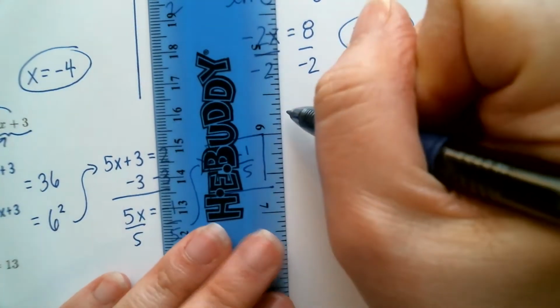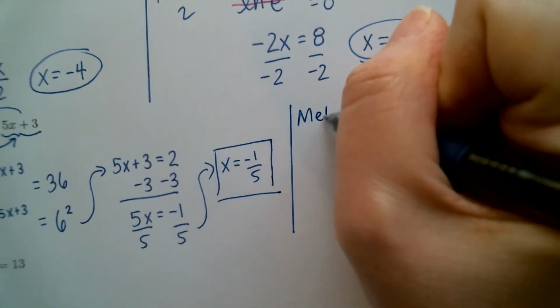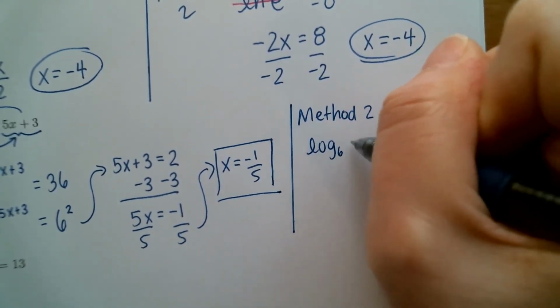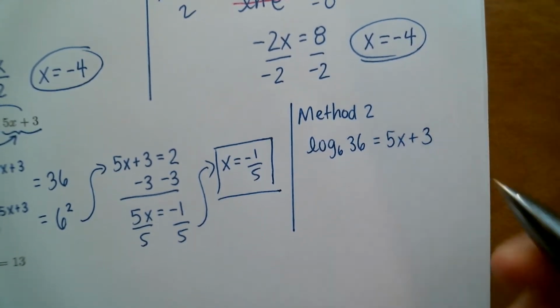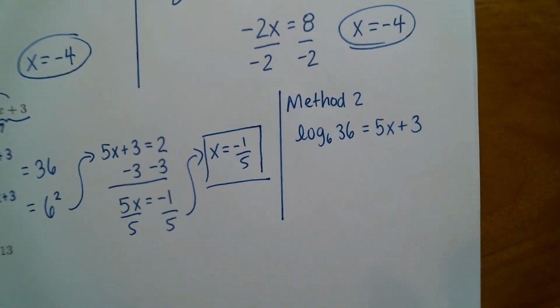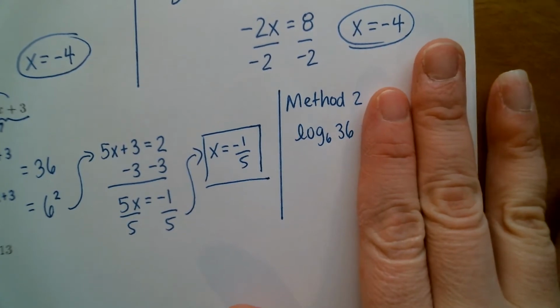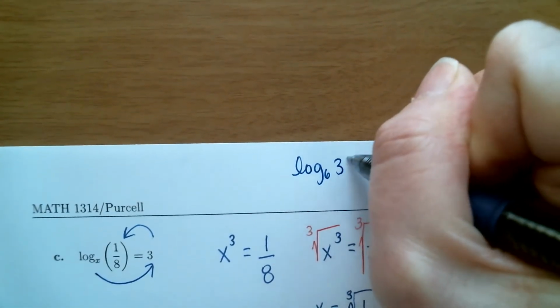So I'm going to go ahead and just rewrite the equation. For method 2, the original equation is log base 6 of 36 is equal to 5x plus 3. You may have, when you first glanced at this problem, concentrated on the left side, log base 6 of 36.